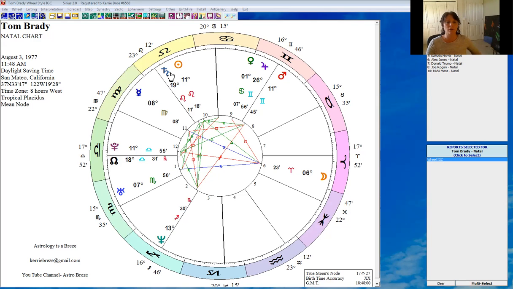Saturn up there would give it some discipline, because Leo can get a little, I want to do it my way, I want to just have fun. And Saturn's like, well, no. Those are some big things I see there, that Leo.